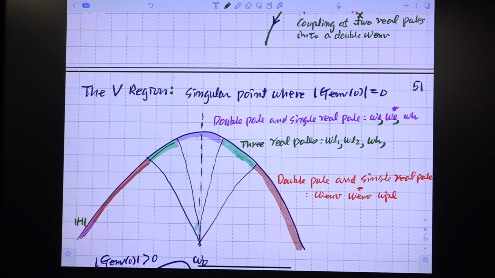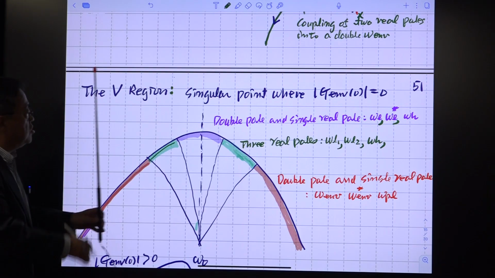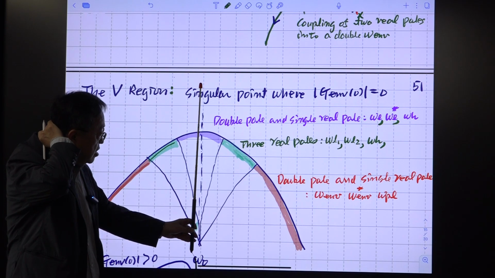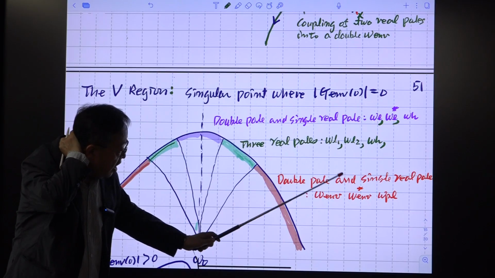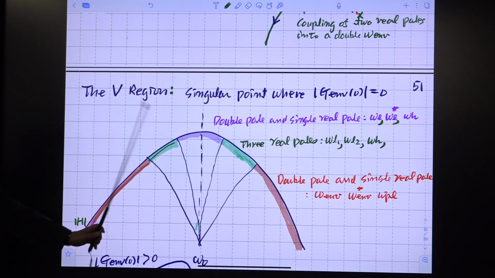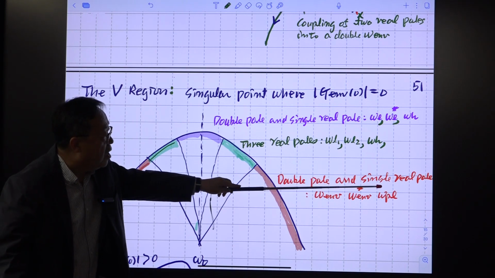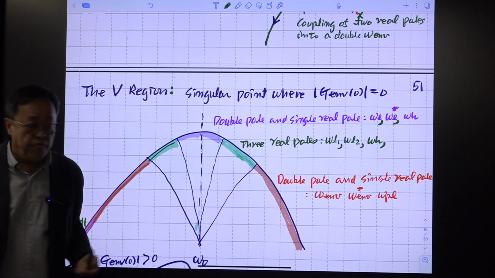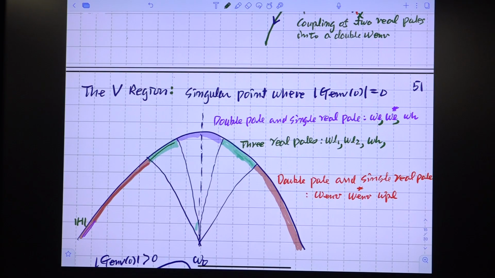If you further increase your switching frequency from the tank resonant frequency in either direction, then you have a double pole and one single pole. One is omega E and B. Another double pole is omega E and B.